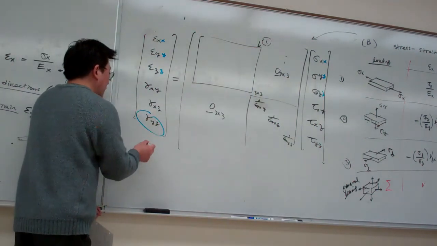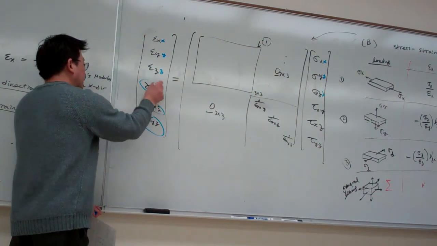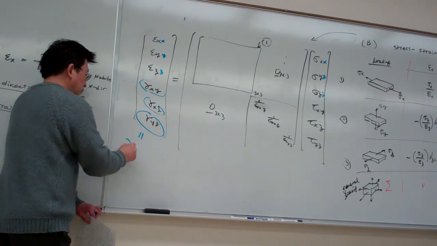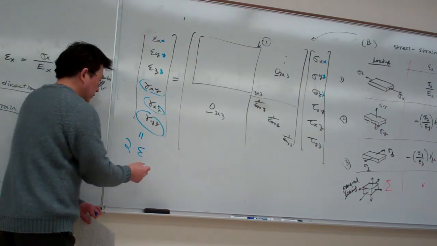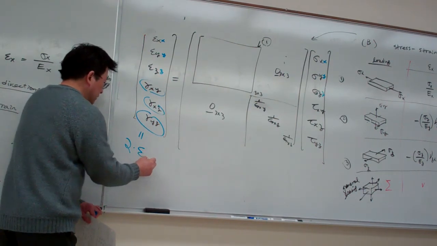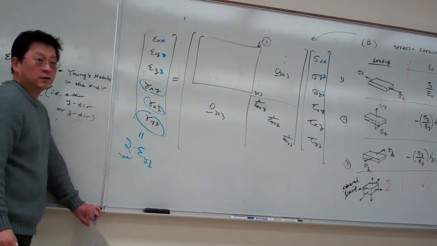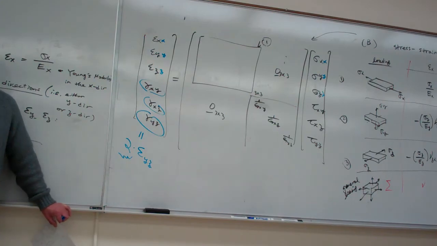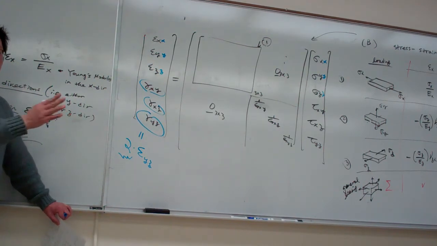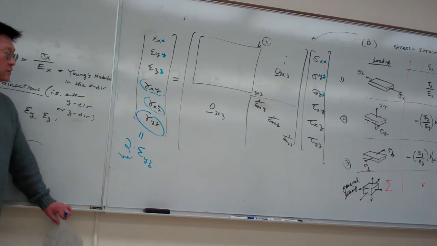Keep in mind that each of the shear elements equals 2 times epsilon, for example yz, xz, etc. That factor of 2 is kind of the bridge between the two fields. So keep that in mind, and probably next time we can have a few examples to demonstrate these things. Okay, thank you.